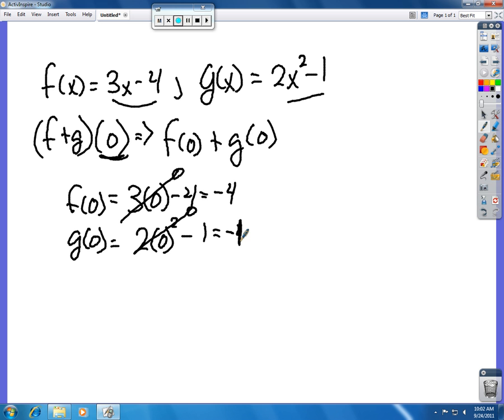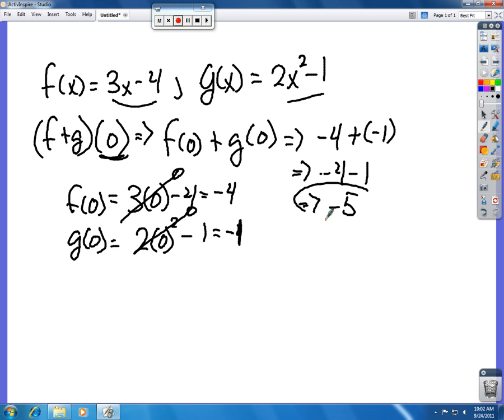So now we have, again, f of 0 plus g of 0. We've got negative 4 as our outcome for f of 0, and we're going to add the outcome of g of 0, which is negative 1. So this breaks down to negative 4 minus 1, which is negative 5. So that's your final answer.